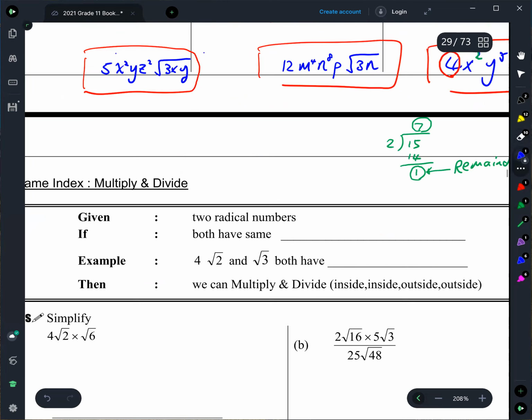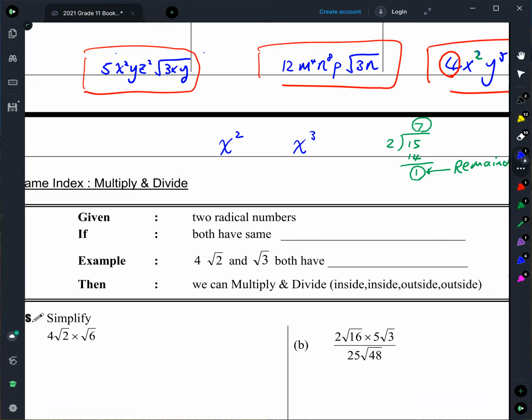For example, if you want to multiply x squared, with the same base, x to the cube, but different exponent. Even though they have different exponents, I can still multiply. Then that will give you x to the 5.